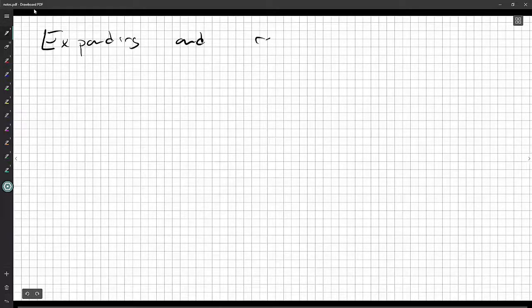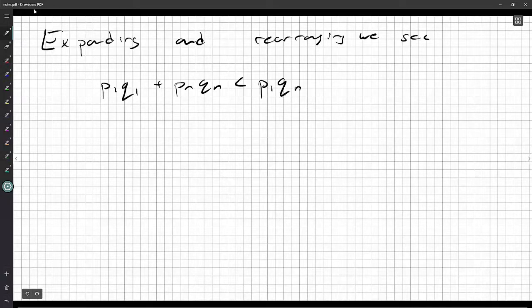And here's where we can now expand things out. So expanding and rearranging, we see P1 Q1 plus Pn Qn would be less than P1 Qn plus Pn Q1.